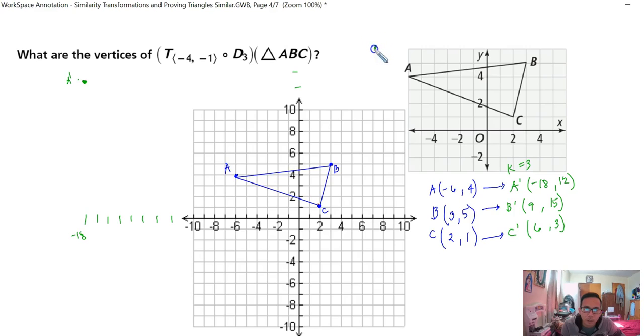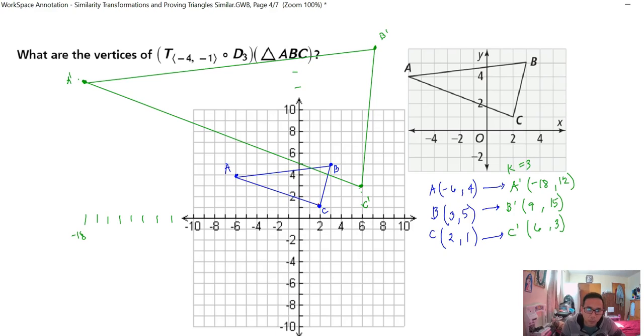So maybe it's here, a lot bigger. Okay, B prime. And then your C prime is 6, and then negative 3. And then this is my C prime. I'll just connect those so you can see how big it is. It's 3 times bigger. Okay, there you go. It's 3 times bigger.